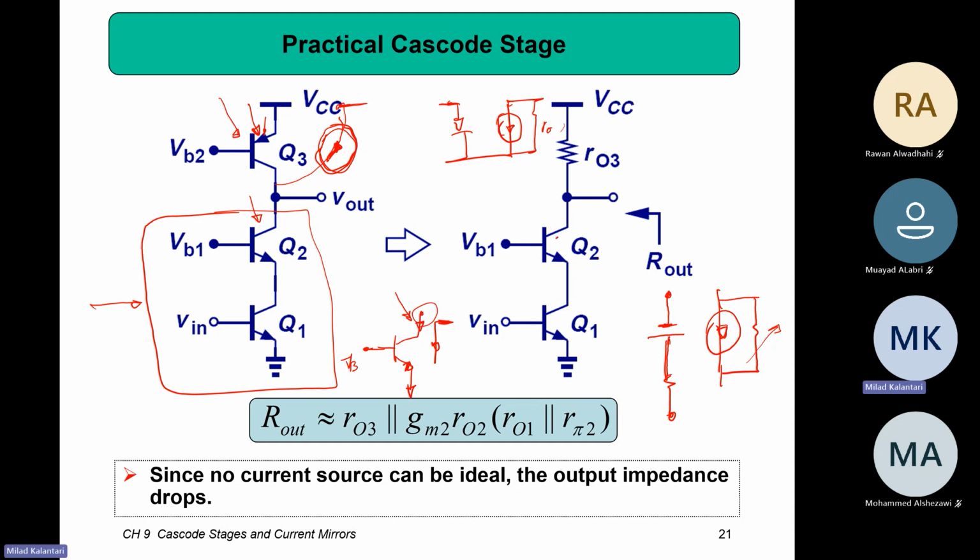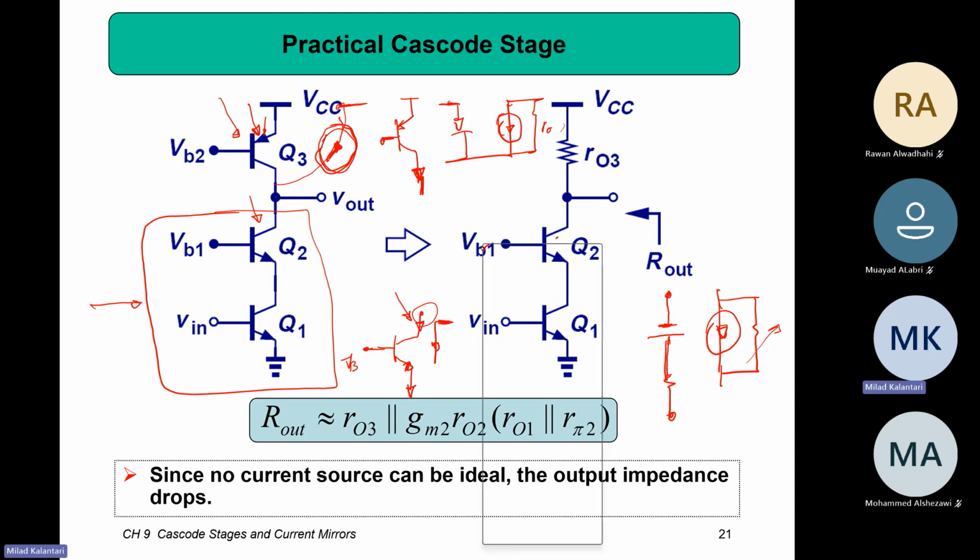That's why we use the PNP, right? The PNP is similar to the NPN, only the direction of the currents is different. The collector current for the PNP goes outside, and then you can use it as a current source to drive this node.